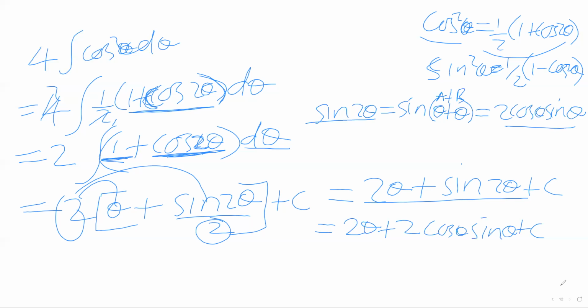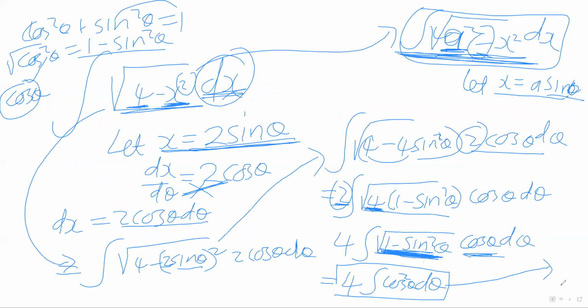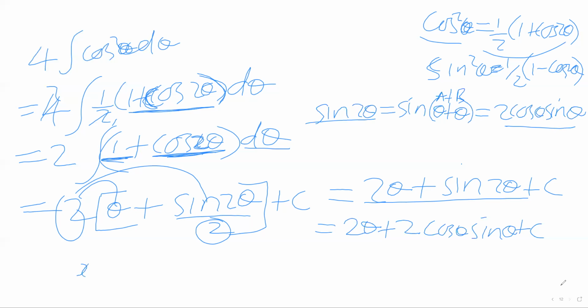So now I want to substitute. I don't want theta, I want the x's. So what do I do? Remember the relationship we established earlier, that x is equal to 2 sine theta. From here, guys, you can see that sine theta is equal to x over 2. You just divide both sides by 2.